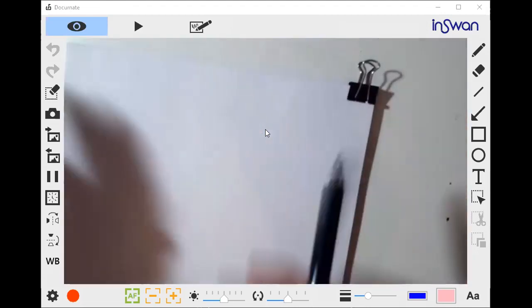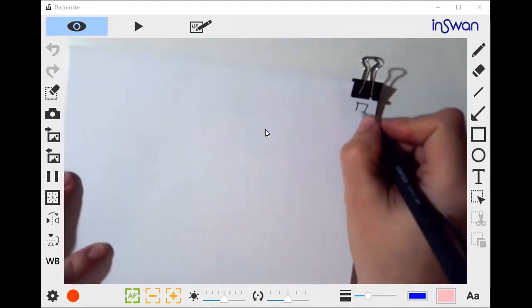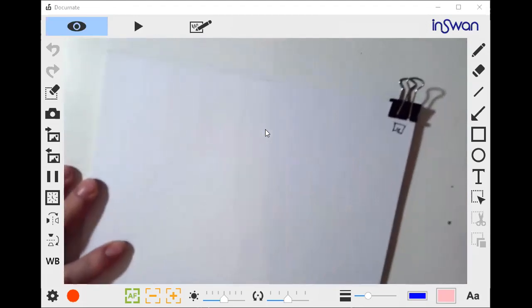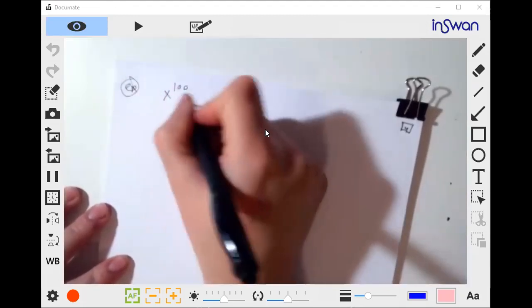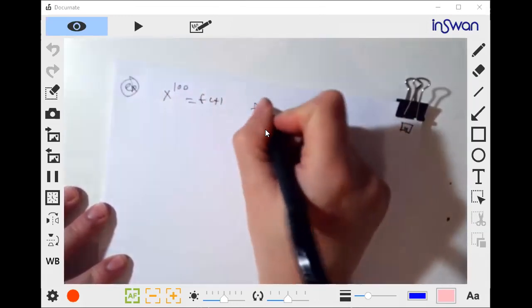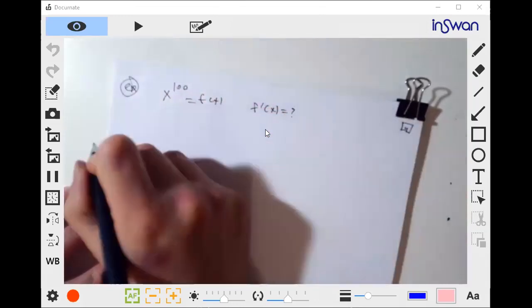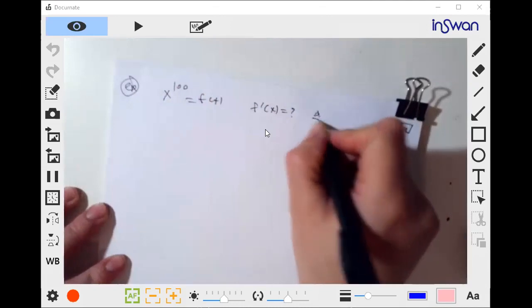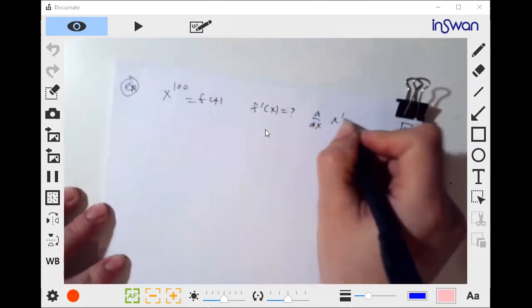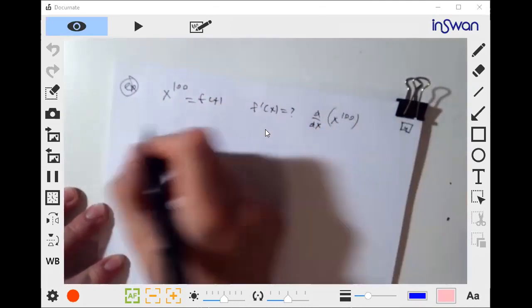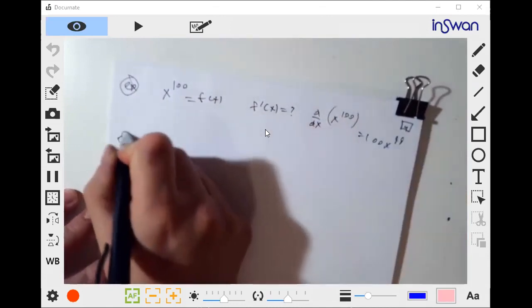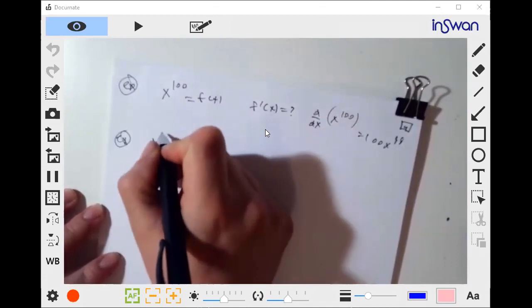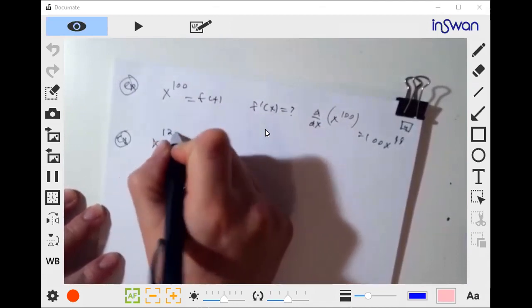Let's use this. This seems complicated, but let's just apply this real quick. Here's an example. What is x to the 100? If this is f of x, what is f prime of x? Well, that's just d/dx of x to the 100, and that's equal to 100 x to the 99. What about x to the 123?